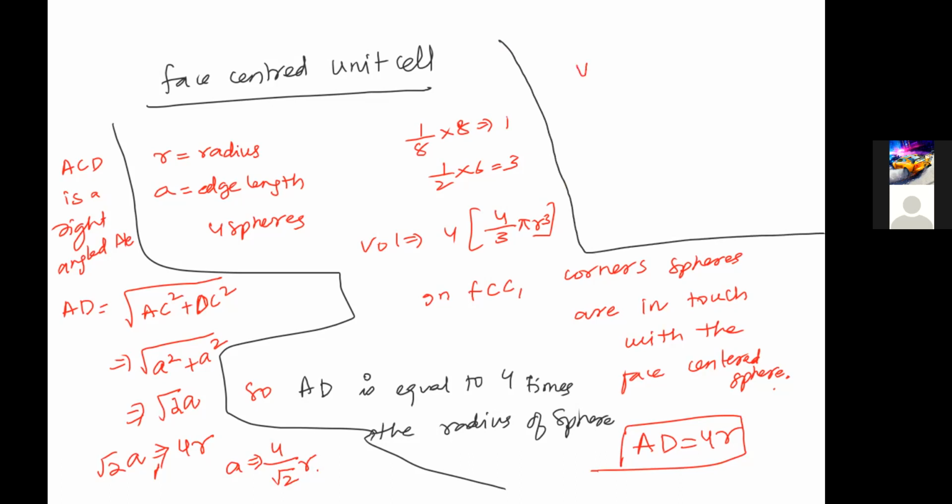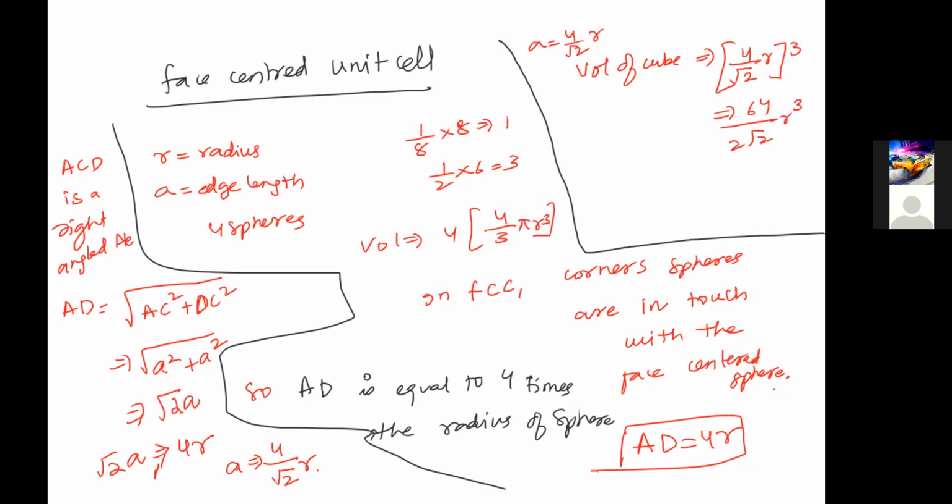We already got that A equals 4 by root 2 R. And when you want the volume of the cube, which is 4 by root 2 R whole cube, you're going to get 64 by 2 root 2 R cube.